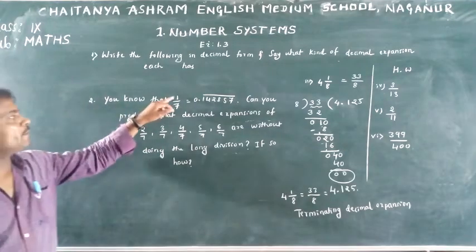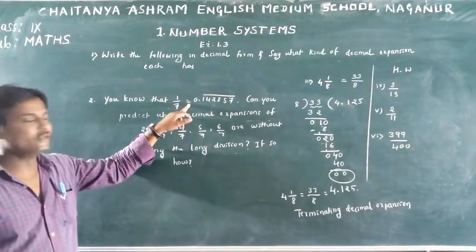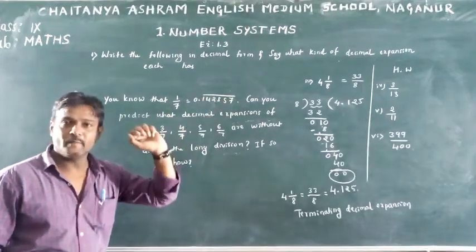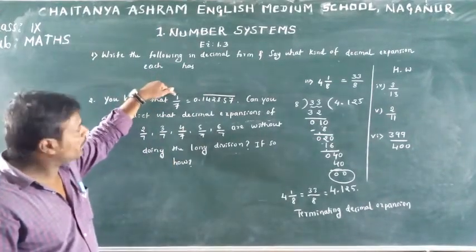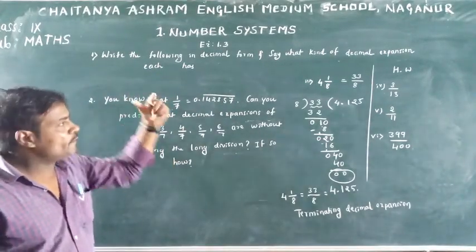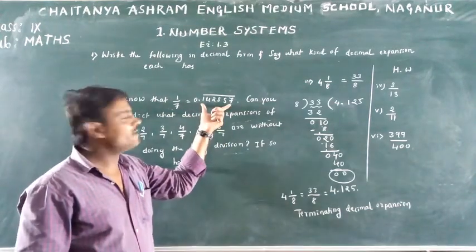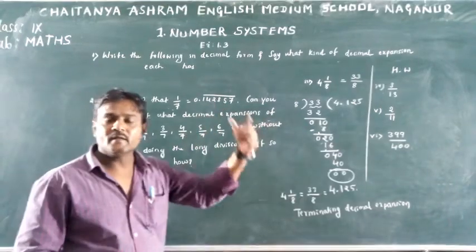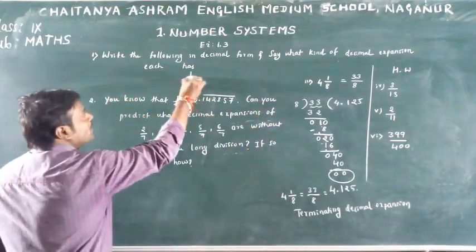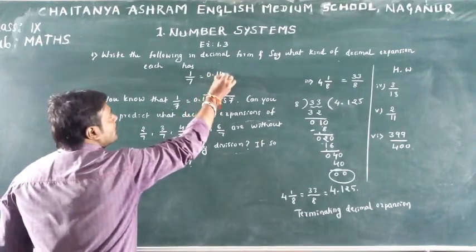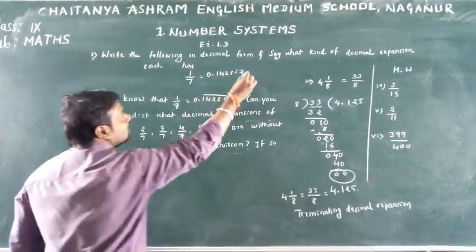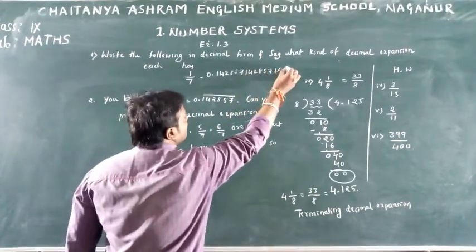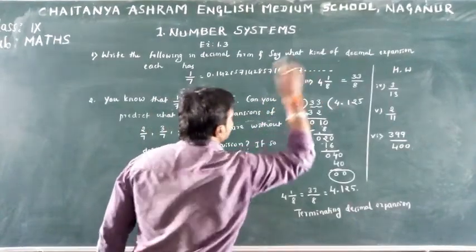You know that the decimal expansion of 1 by 7 is 0.142857 bar. Means when you divide 1 by 7, you will obtain this decimal expansion. These 6 digits start repeating like this: 0.142857, again 142857, after this 142857, and so on.